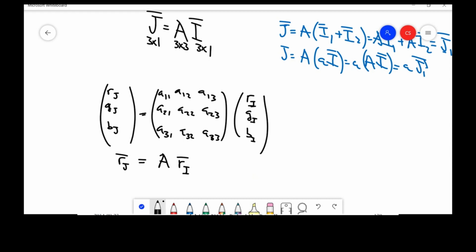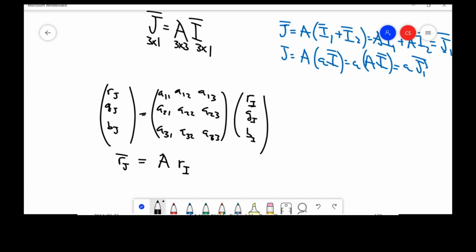In algebra, your unknown used to be this one, right? Ri used to be the unknown, but now the unknown is not Ri. Ri we know. What we don't know is the matrix. So our unknown now is the A. Okay, so let's solve for the A.